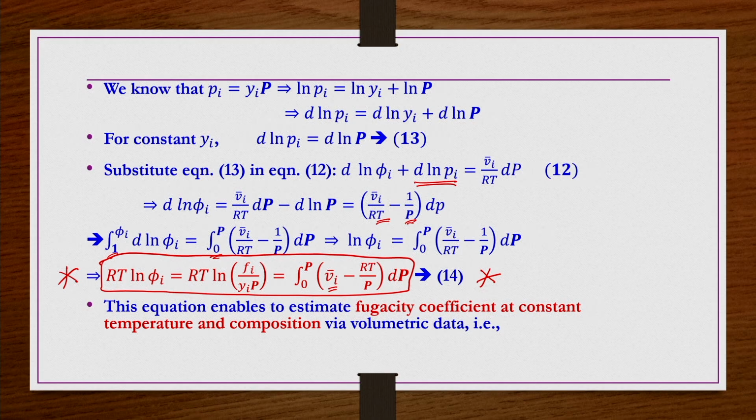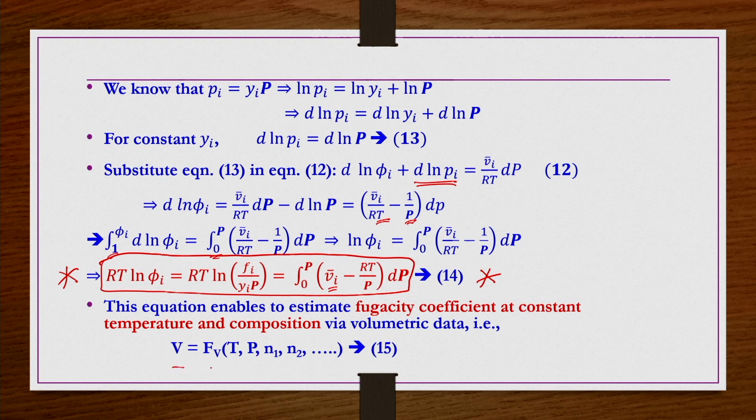Now, this equation enables us to estimate the fugacity coefficient at constant temperature and composition via volumetric data, or we can calculate the effect of pressure on the fugacity coefficient or fugacity of a given component i in the mixture, provided you know the volumetric data in the volume explicit form, that is V is equal to some function of temperature, pressure and composition.